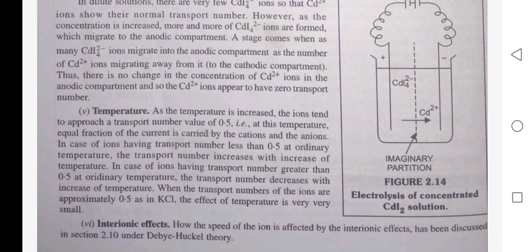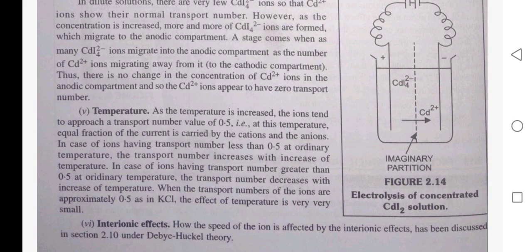Temperature. As the temperature is increased, the ions tend to approach a transport number value of 0.5. At this temperature, equal fraction of the current is carried by the cation and the anion. In case of ions having transport number less than 0.5 at ordinary temperature, the transport number increases with increase of temperature.